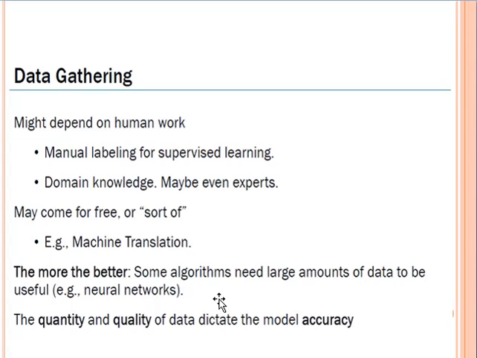Now there are two things that highly affect the accuracy of the model, right? Number one is how much quantity of data we have, and the other is how much good quality data we have, right? Good quality data means that there should not be redundant or inconsistent values in the data.